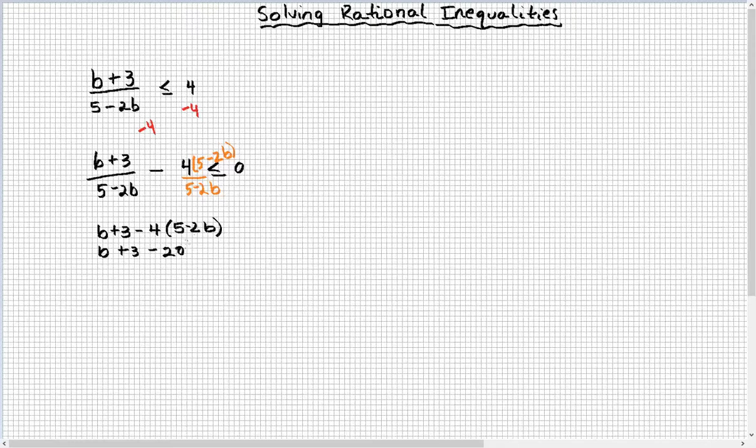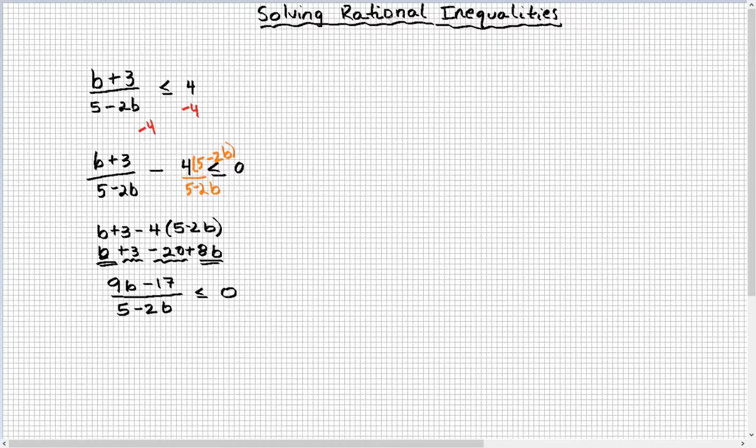Negative 4 times negative 2b is a positive 8b. Combine my like terms, which is this b and this 8b. That's a 9b. And then I have a 3 and a negative 20, so that's minus 17 over 5 minus 2b, and you better get your calculators ready because it looks like we're going to have decimals.